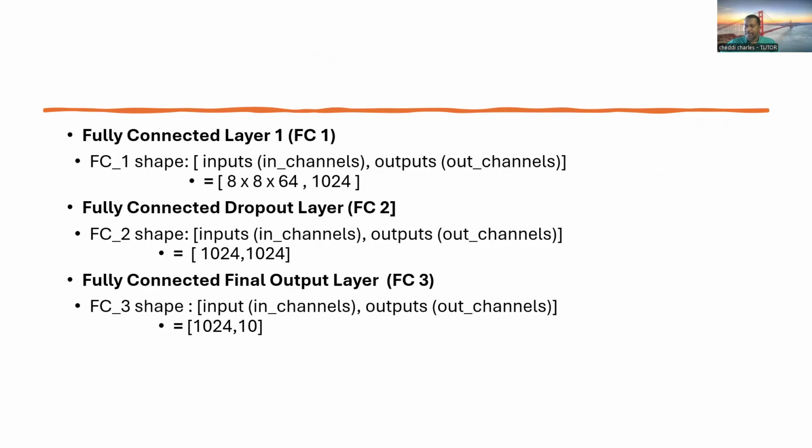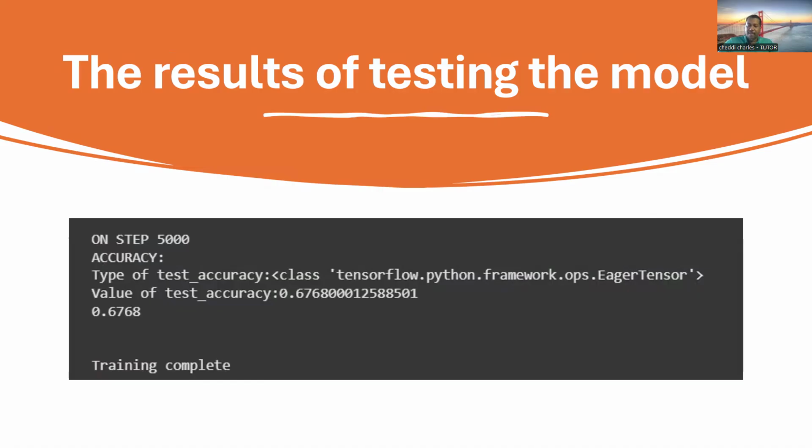And then we move on to get the results. After we do those things with the functions, we're going to train the data. And after 5,000 steps, we use the test data. And this was the accuracy, somewhere right around 67, 68%.